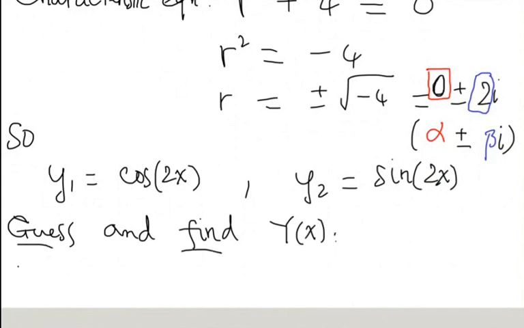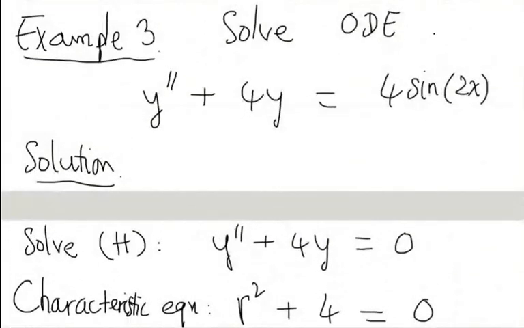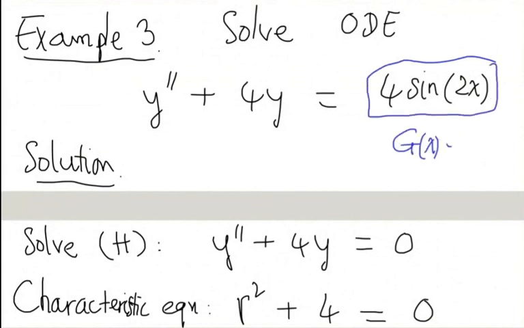As before, let's look at g. g is 4 times sine of 2x. It's a constant times sine of 2x here.